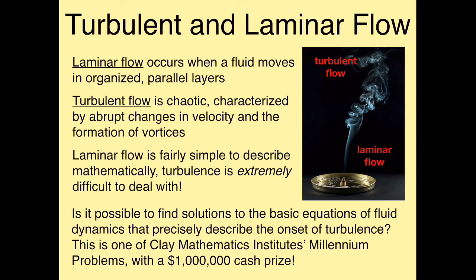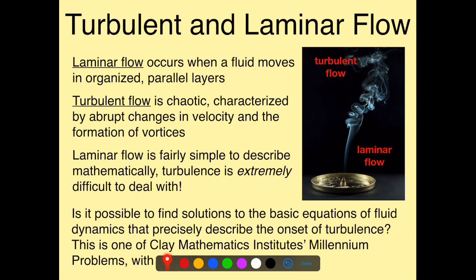Now, of those 7 problems, only one so far has been solved, and it is not the problem of turbulence. So this is still a problem that no one has solved yet. Specifically, the question they asked is: is it possible to find solutions to the basic equations of fluid dynamics that precisely tell you when the onset of turbulence is going to occur?